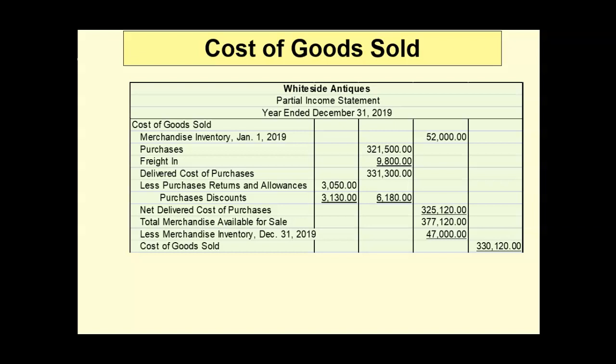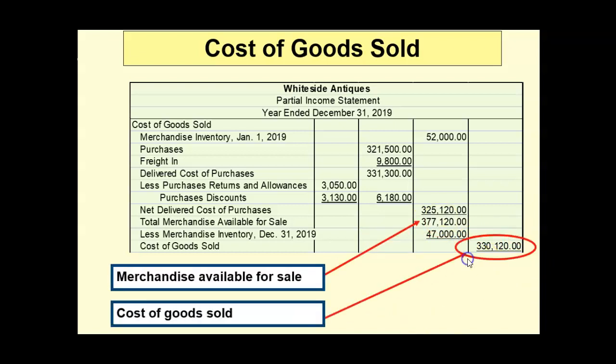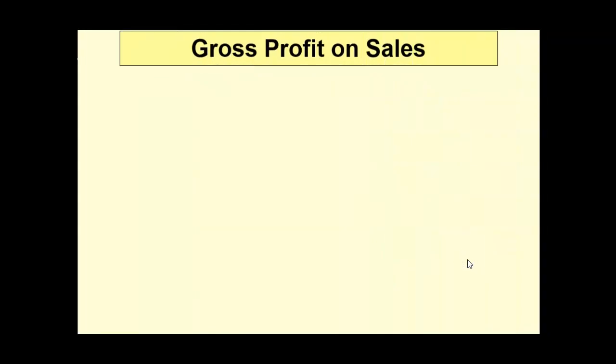This shows the total amount of inventory that was available to be sold to our customers during the course of the accounting period. Now, from that total, subtract out what you have remaining, which is your ending inventory, and the difference is known as your cost of goods sold. So our cost of goods sold amount would be $330,120. Next, gross profit on sales.